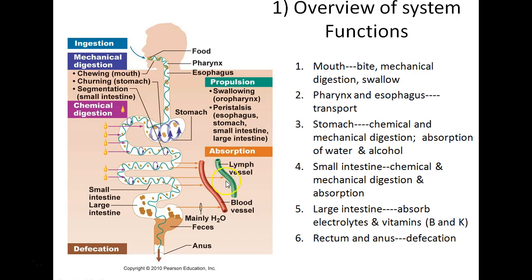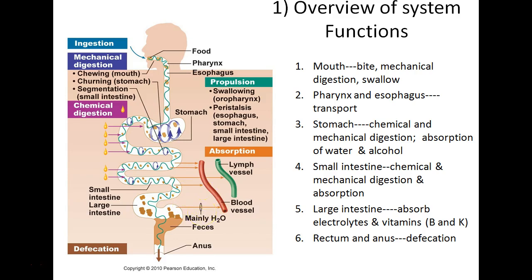From the small intestines, the material goes into the large intestines, and we are pretty much done with absorption of nutrients at this point. However, we are still absorbing some substances, such as electrolytes and vitamins B and K. We are, in a sense, sort of quote-unquote drying out the feces, and we are preparing them for export.